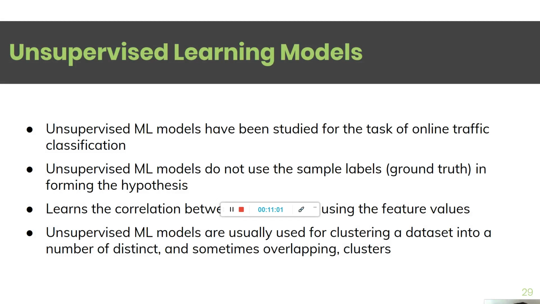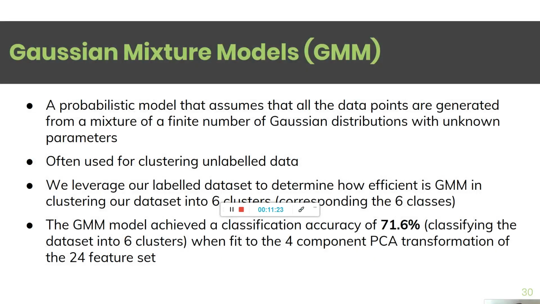They're usually used, as we mentioned with the k-means clustering algorithm, for clustering unlabeled data by looking at the inter-data correlations or the similarities between the data samples. We used an unsupervised machine learning model here to investigate its suitability in classifying our datasets.